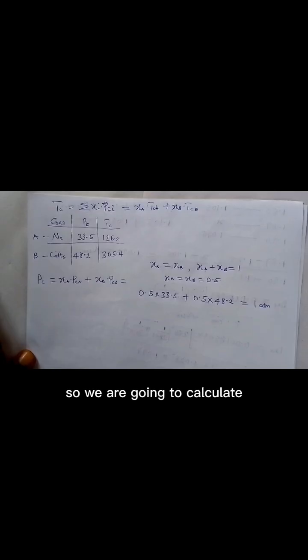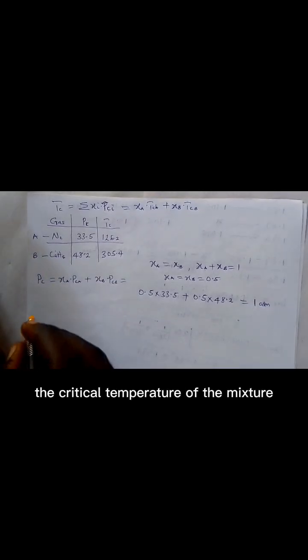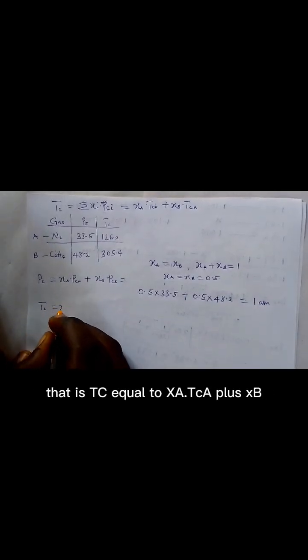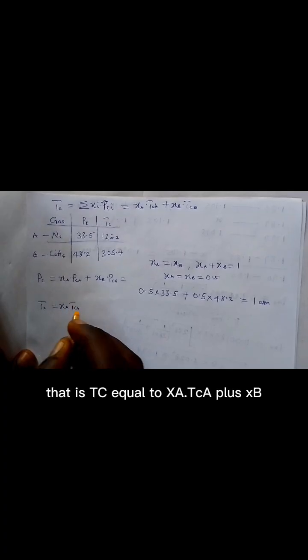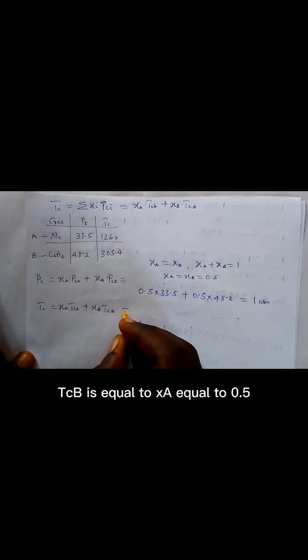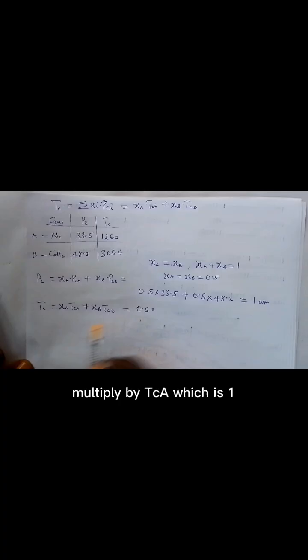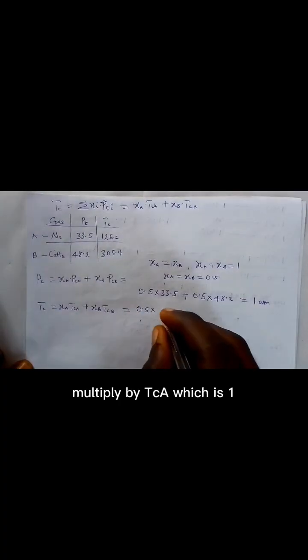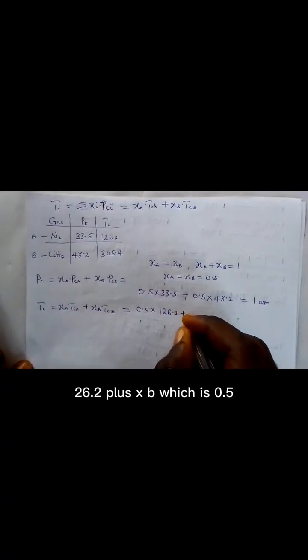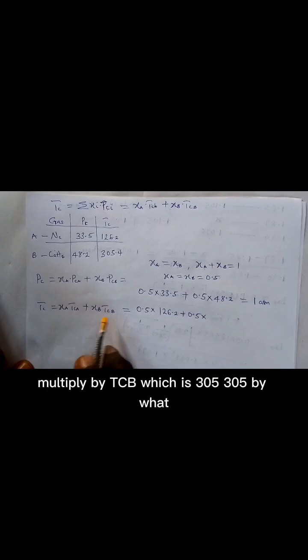So we are going to calculate the critical temperature of the mixture. That is Tc equals XA TCA plus XB TCB, which is 0.5 multiplied by TCA, which is 126.2, plus XB, which is 0.5, multiplied by TCB, which is 305.4.